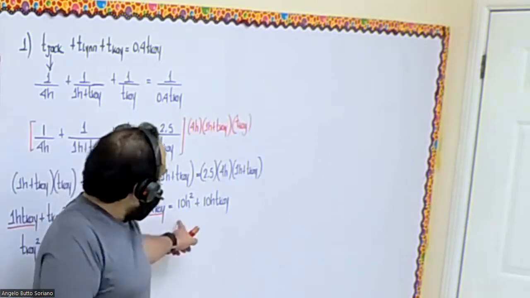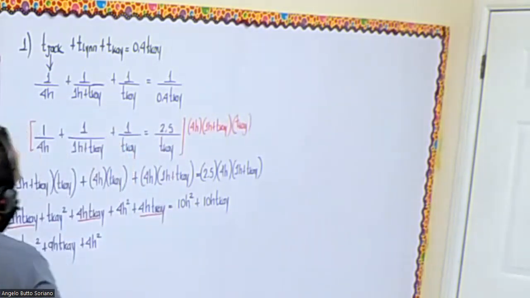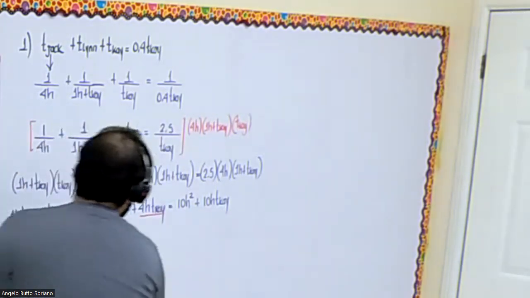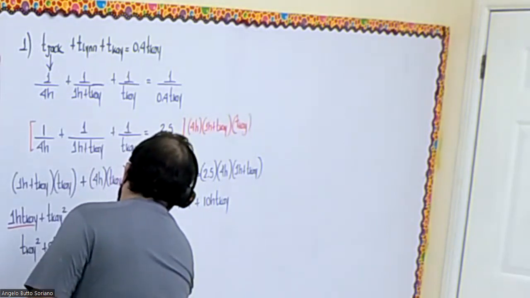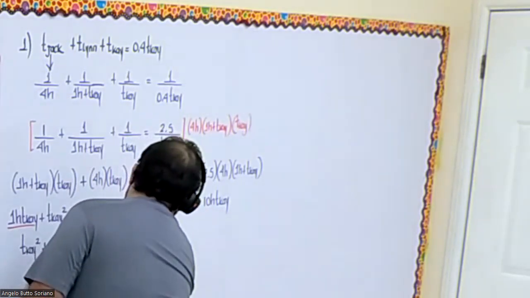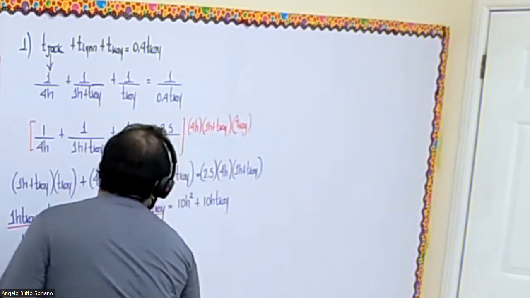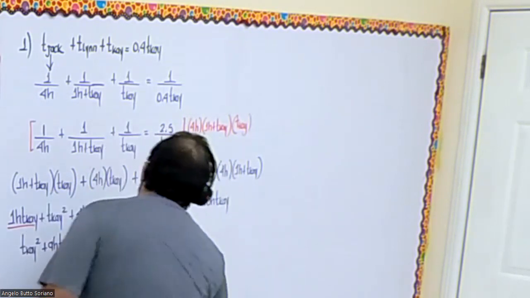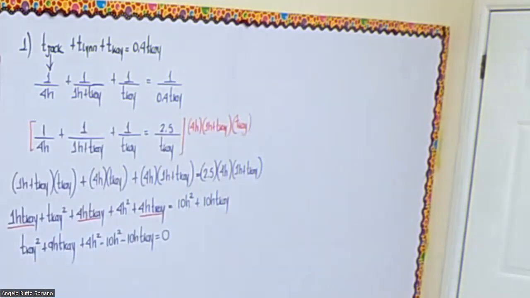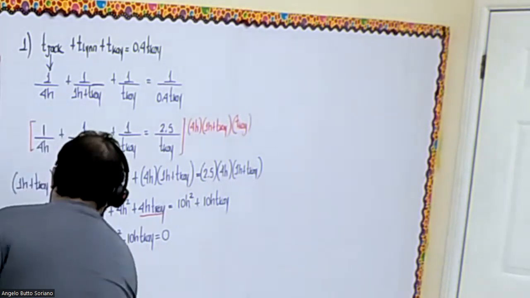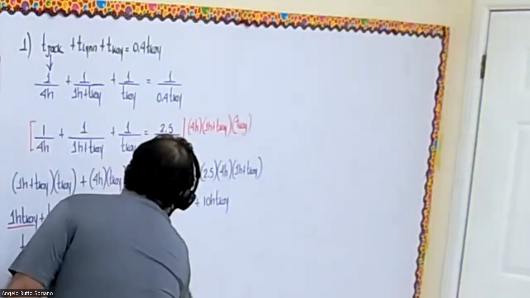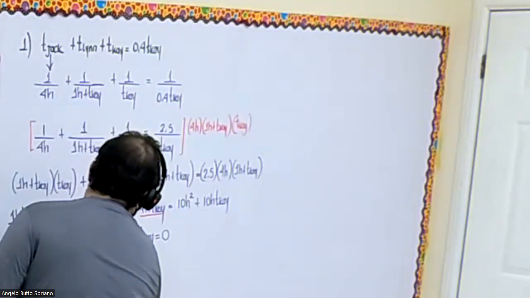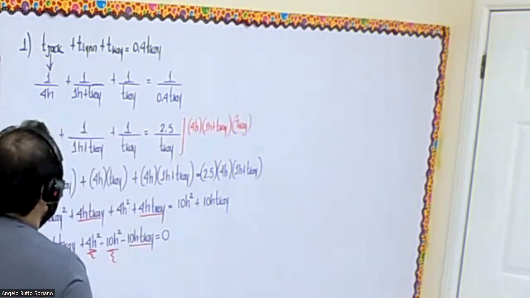And actually, these two terms can be moved to the left side. And we got negative 10 hours square, negative 10 hours period of time of chi. And this equation will be equal to 0. And once again, this one is a like term with this one, and 4 hours with 10 hours square.